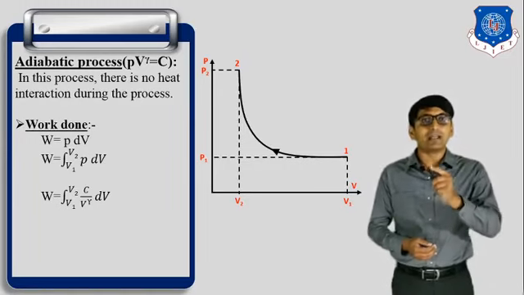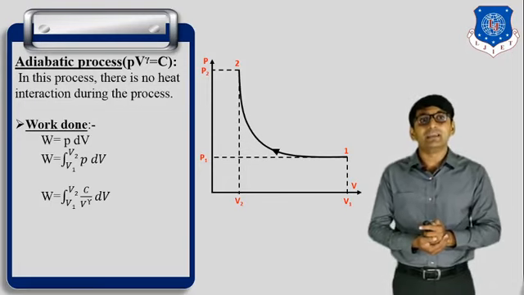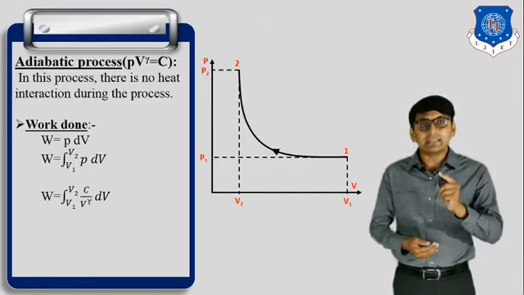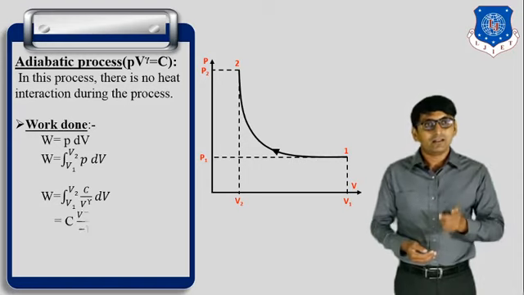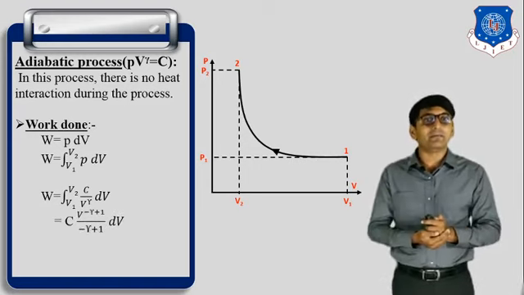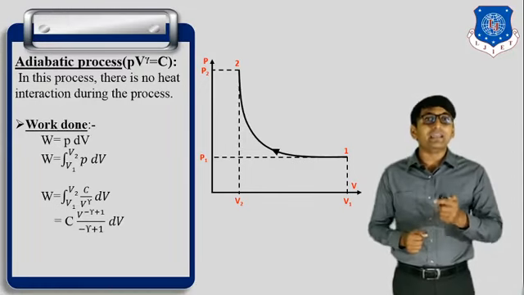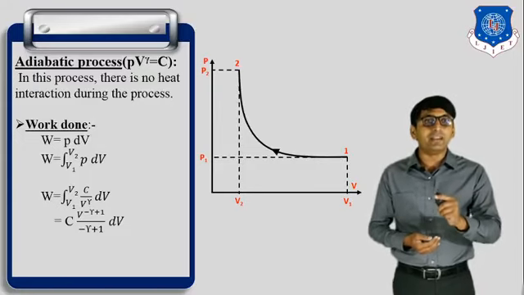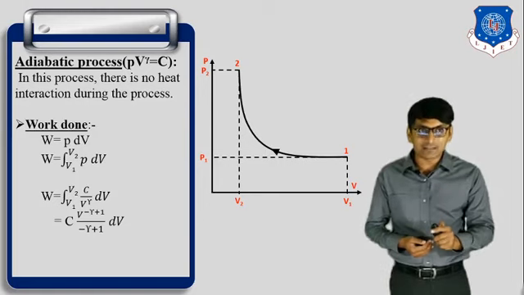Now if we solve for P, in place of P we put C divided by V raised to gamma. C is common, so we separate this C and integrate, and we get C times V raised to minus gamma plus 1 divided by minus gamma plus 1.